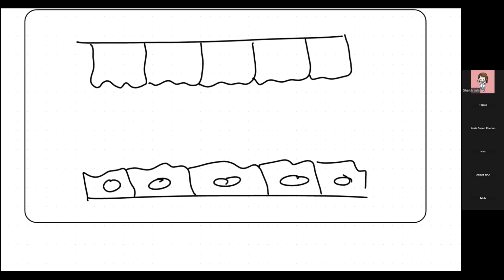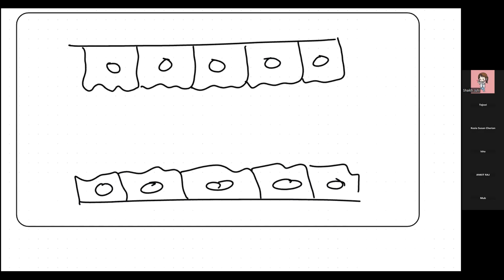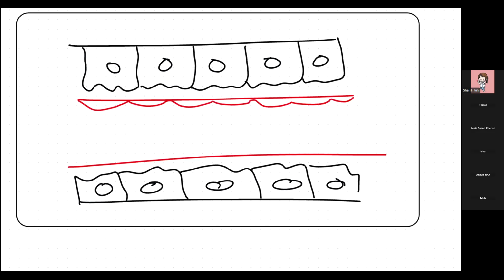Now, over here, what will be present? The capillaries will be present. So these are the capillaries, the endothelial cells basically.